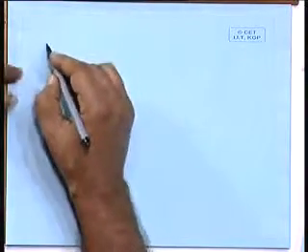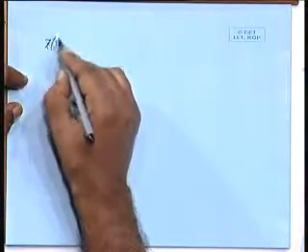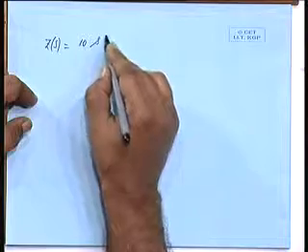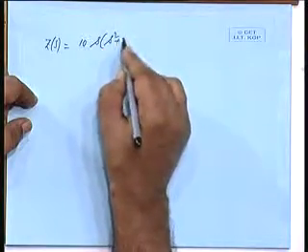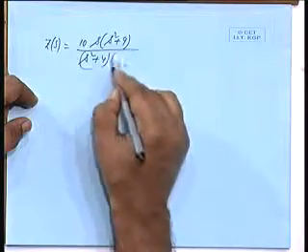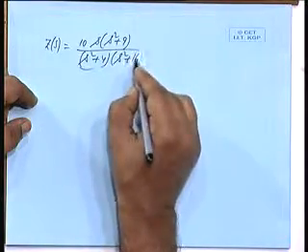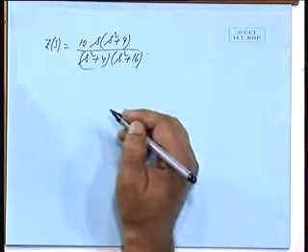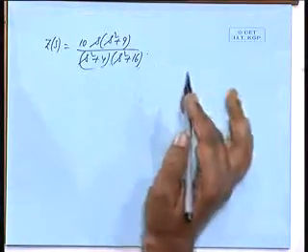Now suppose you are given a function Z(s) equal to 10 s(s squared plus 9) by (s squared plus 4)(s squared plus 16). Okay. Now how many pieces of information are given to you?